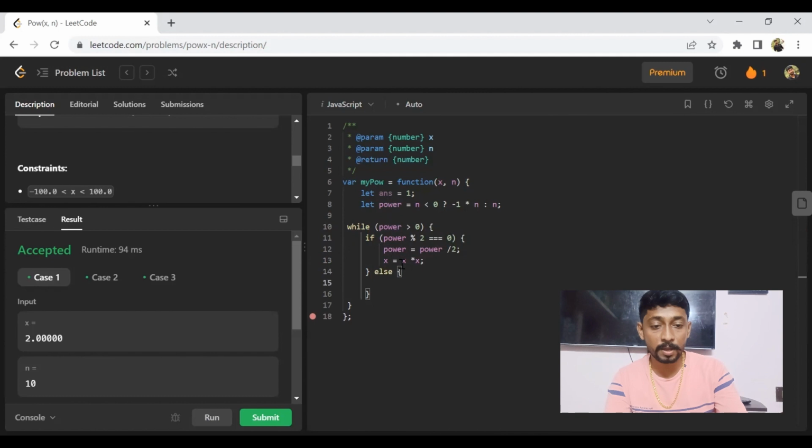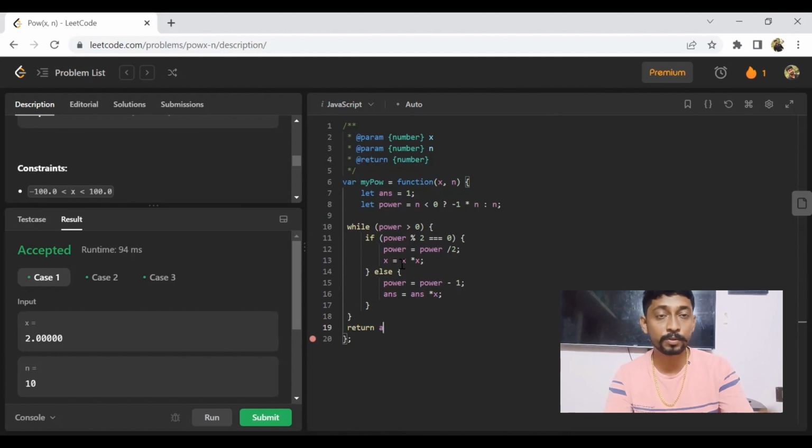Meanwhile, otherwise, decrement the power by 1, as well as multiply my answer with x. So this is what I'm going to do. Finally, return the answer. No, I'm not going to return the answer directly; I have to check what about my n. If n is less than 0, return 1 divided by the answer, otherwise simply return the answer.